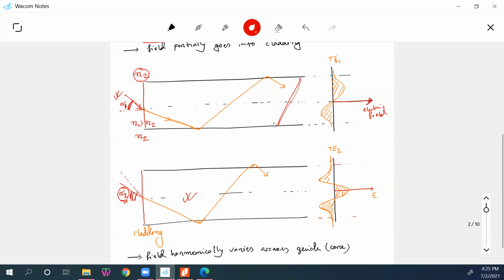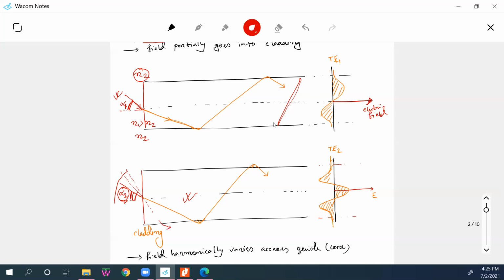If your acceptance angle is more than the critical angle, what will happen? For example, this is your light. It falls here, and because this angle is more than the critical angle, light will refract through the cladding.